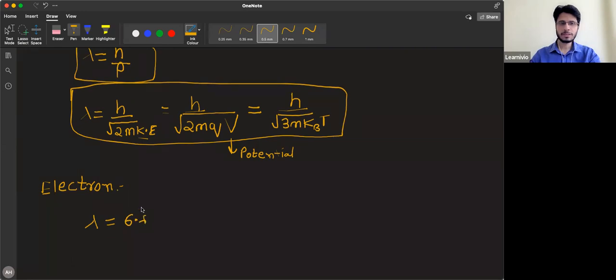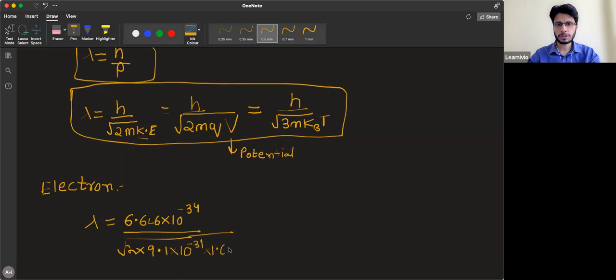So you can write this as 6.626 into 10 raised to the power minus 34, divided by root over twice of mass of electron, which is 9.1 into 10 raised to the power minus 31, multiplied by the charge of electron, which is 1.6 into 10 raised to the power minus 19, multiplied by V.